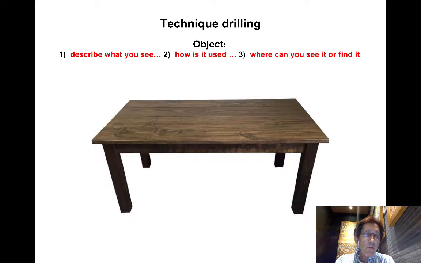Second, how it's used, and third, where can you see it? Where can you find it? During all of these steps, you cannot use the proper name, but you can use the word object. Go ahead.